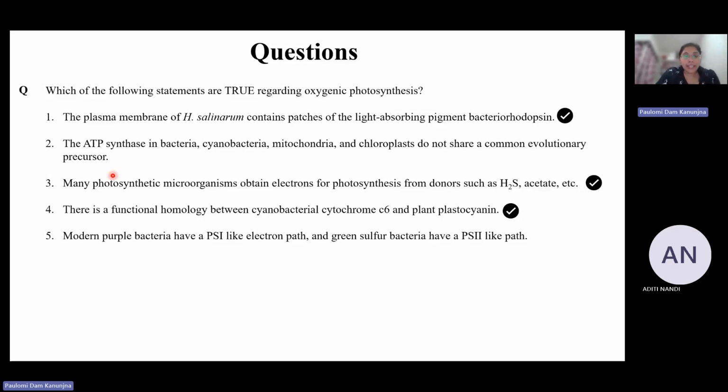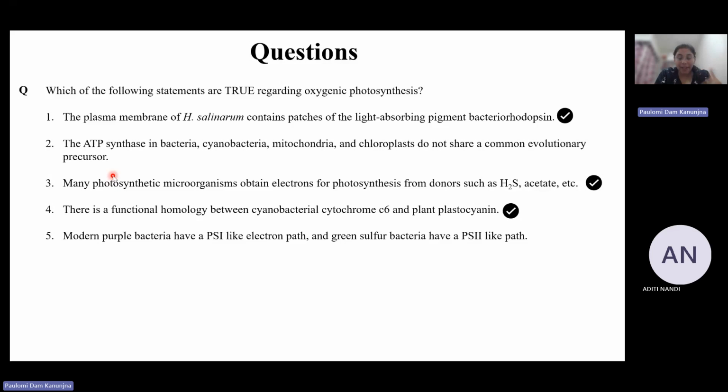Next one: many photosynthetic microorganisms obtain electrons for photosynthesis from donors such as H2S and acetate. Now, here is the difference. This is what I was saying. When you see plants, the electron donor there is the splitting of water. Water is split into oxygen, and that gives the electrons for the chloroplast in plants.